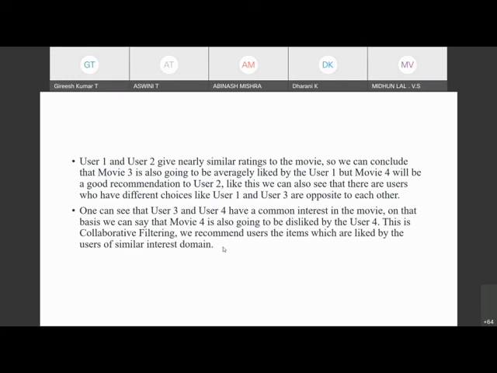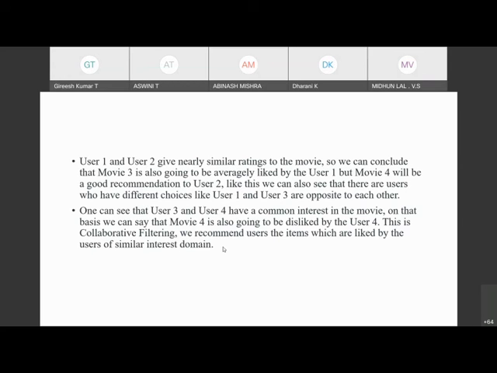Like this, we can also see that there are users who have different choices, like user 1 and user 3, who are opposite to each other. The reason is that user 1 and user 3 have different tastes. Now, one can see that user 3 and user 4 have a common interest in the movies. On that basis, we can say that movie 4 is also going to be disliked by user 4.